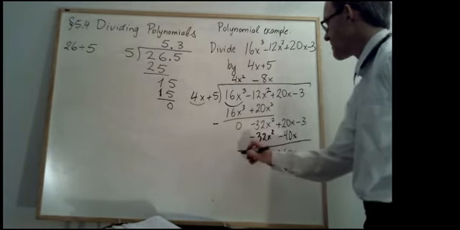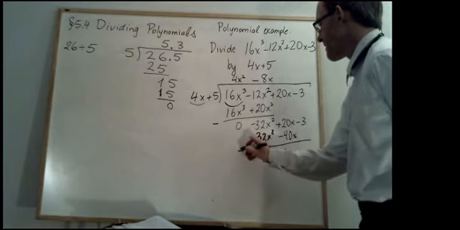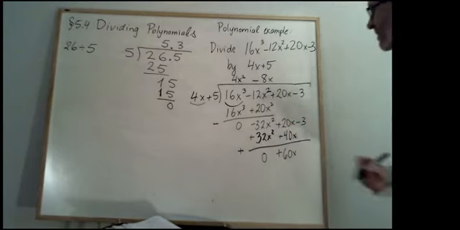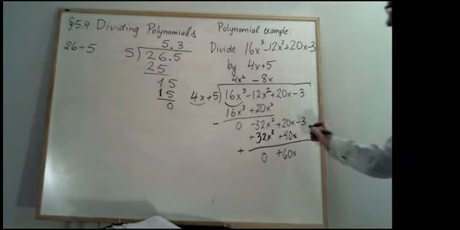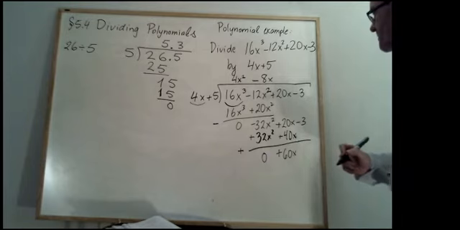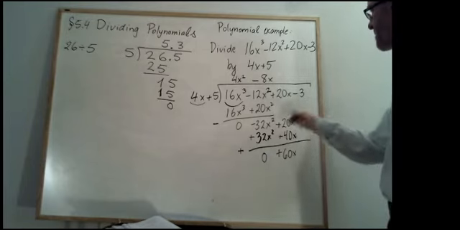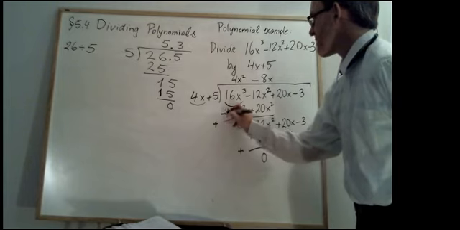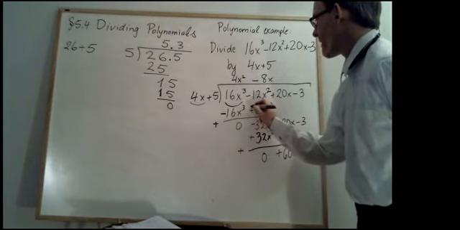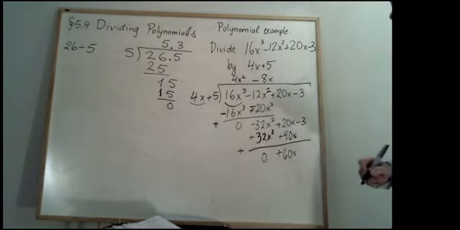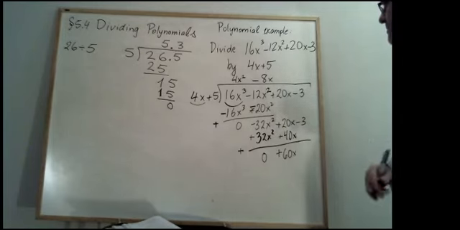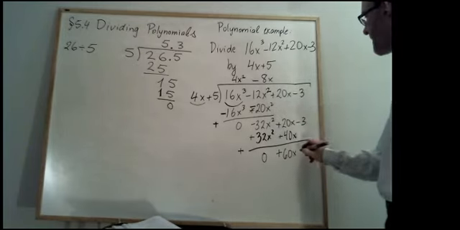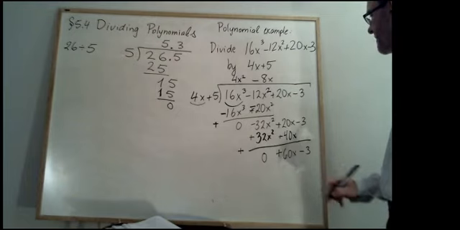Sometimes you can do that just by changing the sign of each term. If it's positive, it should become negative. So in this case this will become positive, this will be negative, and this will become negative. And then you add. So adding gives you 60, and you have minus 3 left over.